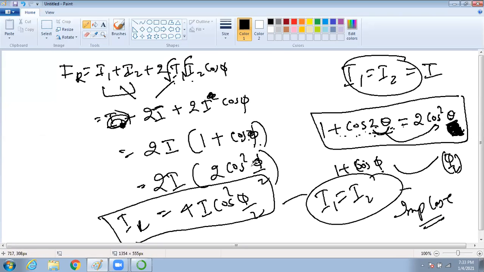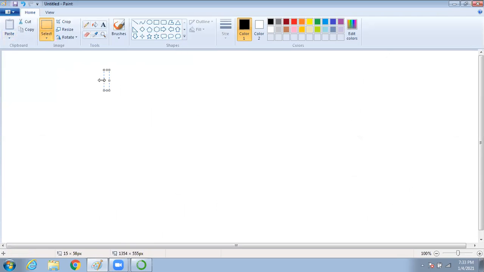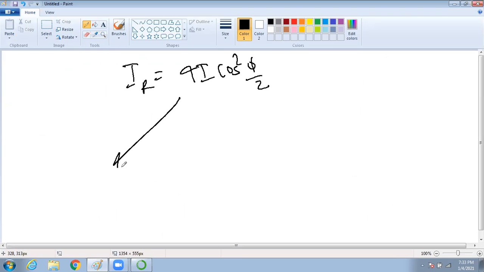So we got the formula IR is 4 into I cos square phi by 2. What happens when it is constructive and what happens when destructive?